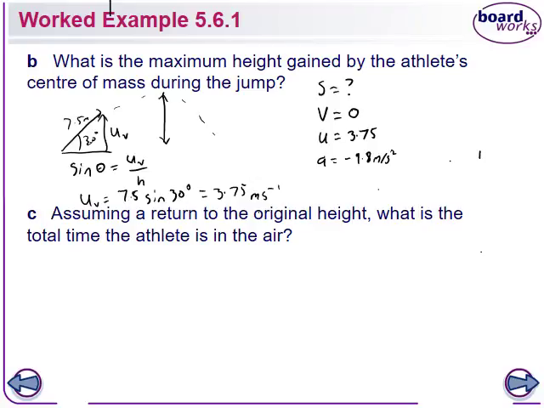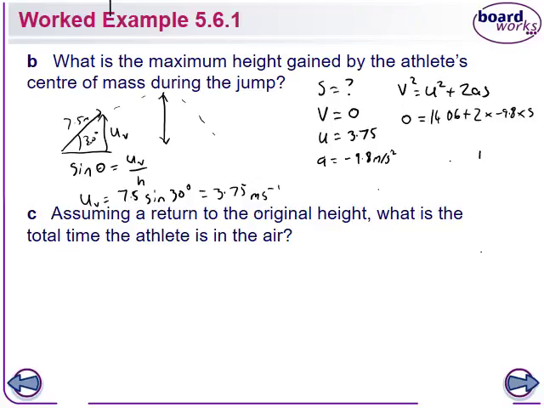And it just so happens we have V squared equals U squared plus 2AS. Okay, V squared, that's easy. 0 squared is 0. U squared, 14.06. Thank you. 14.06 plus 2 times negative 9.8 times S, which is what we want to find.